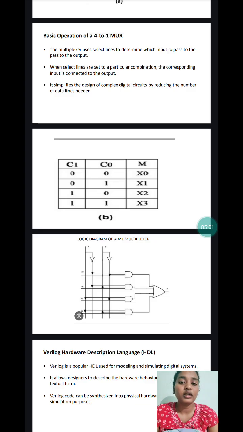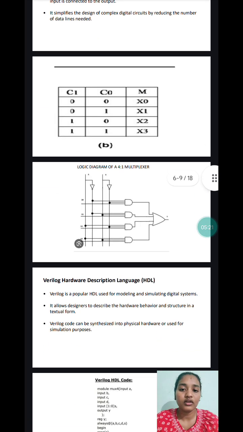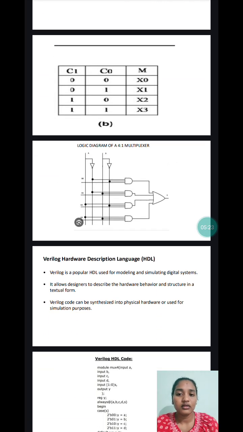Previously I said the multiplexer can reduce the complexity when we compare to other circuits. Basically, other circuits need more data lines, but in a multiplexer it can reduce the number of data lines. You can see the truth table. C1 and C0 are the select lines and M is the output. If it is 0 0, then the output takes the x0 input.